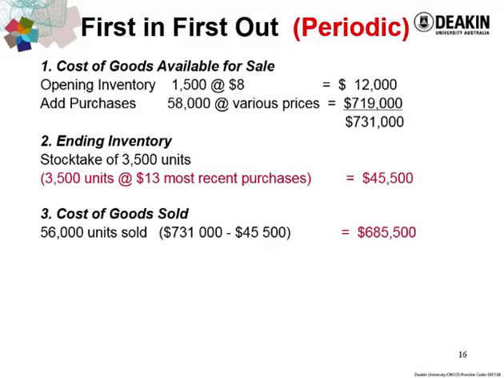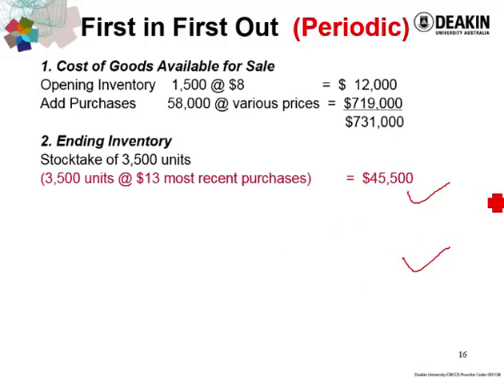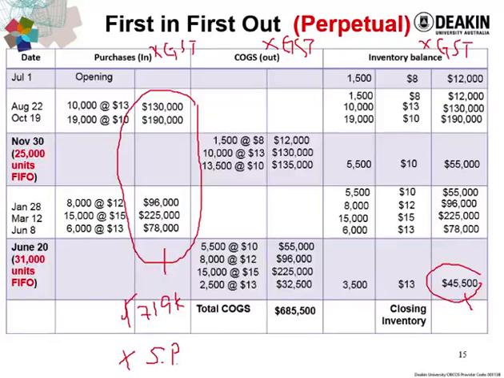So you observe that if we use the first in, first out cost flow assumption, it will actually give us the same cost of goods sold and the same closing inventory, regardless of whether we use the periodic method or the perpetual method as we did in the previous slide. So only for the first in, first out method.